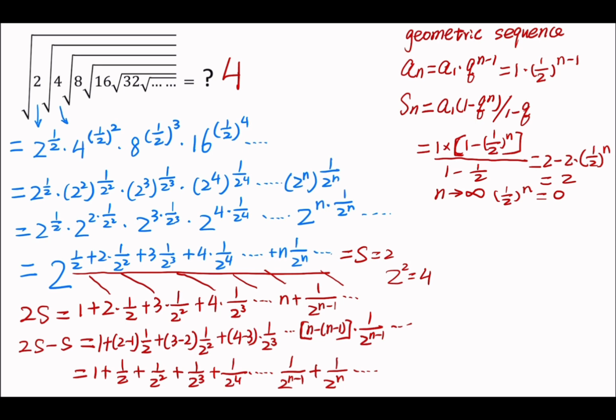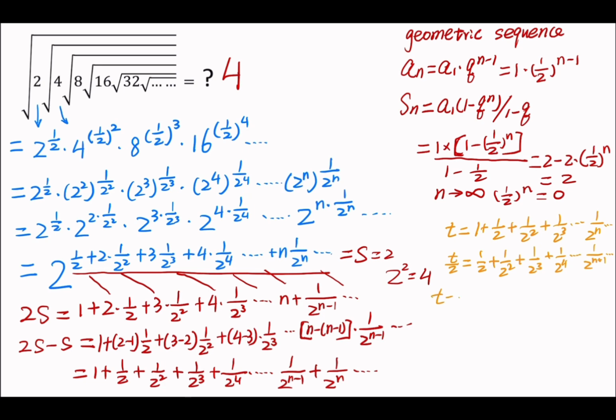And for this geometric sequence, if we want to prove that, we can let this number equal t, which is 1 plus 1 over 2 plus 1 over 2 squared plus 1 over 2 cubed, and then go to 1 over 2 to the power of n, and then keep going. And then we know that t over 2 equals 1 over 2 plus 1 over 2 squared plus 1 over 2 cubed plus 1 over 2 to the fourth power, and then keep going, 1 over 2 to the power of n plus 1, and keep going.